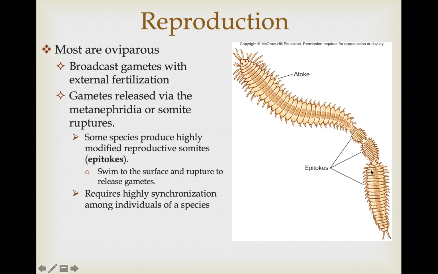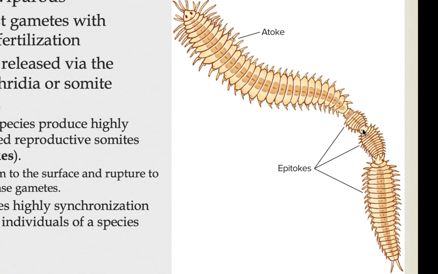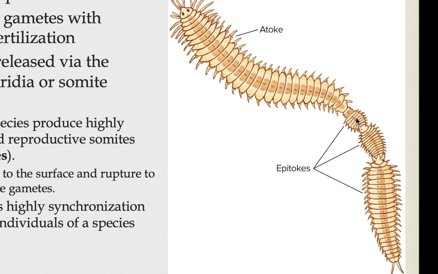So some of these marine worms that do this, these reproductively capable body somites or metameres are called epitokes. The regular living part of the worm is called the atoke. So most of their life they'll be in the atoke form, but as the reproductive season comes, they will partition these epitoke regions into the production of sperm and eggs that will grow to such numbers that they break off from the atoke, they swim to the surface, and then they rupture, releasing their gametes.